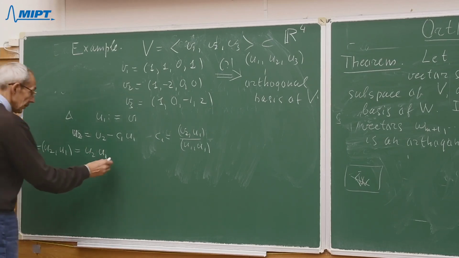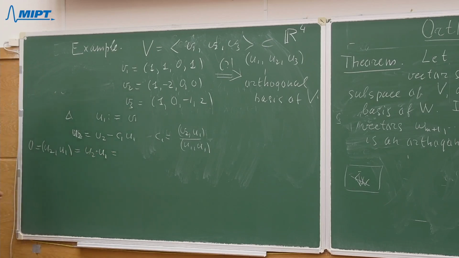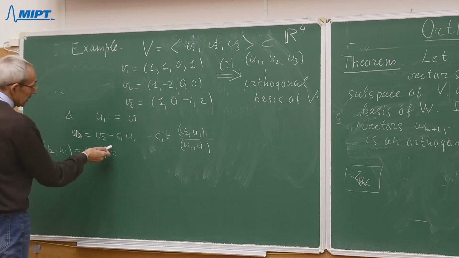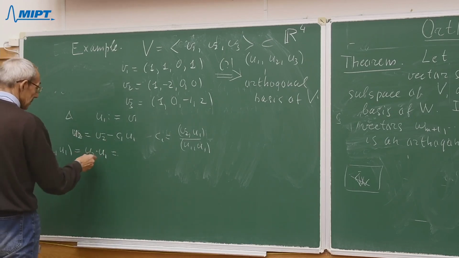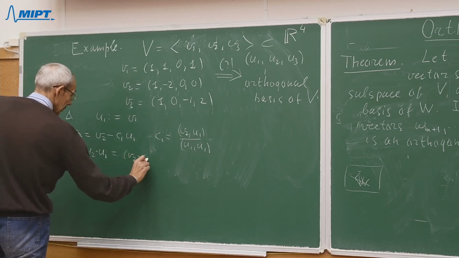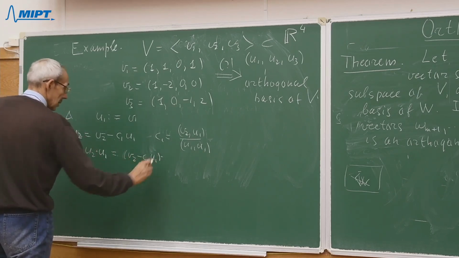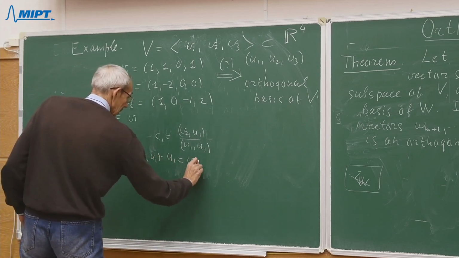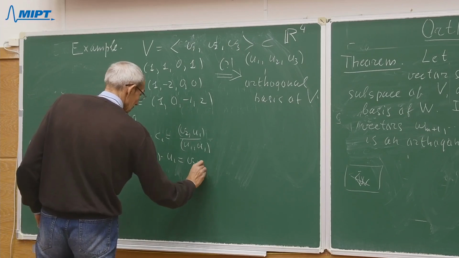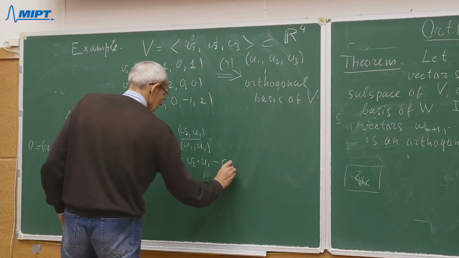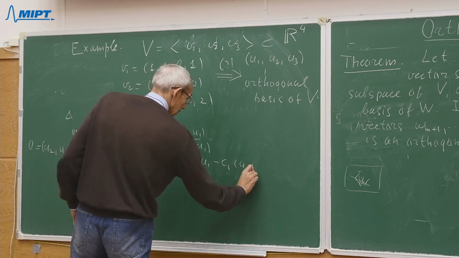If we apply this condition and substitute this expression, we obtain (v2 minus c1 u1) times u1 is equal to v2 u1 minus c1 u1 u1.